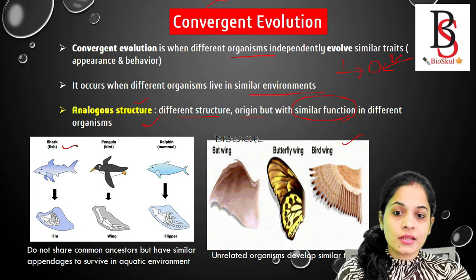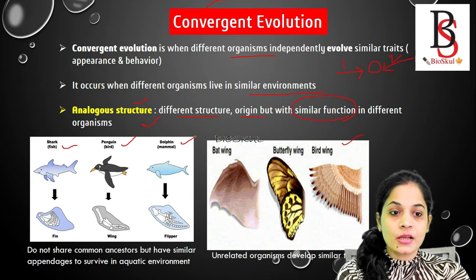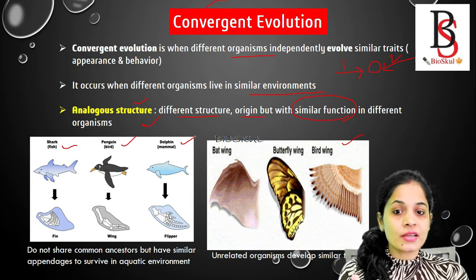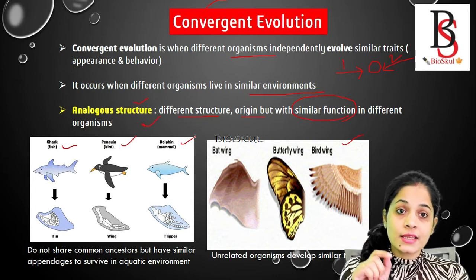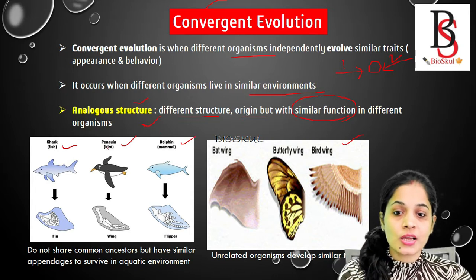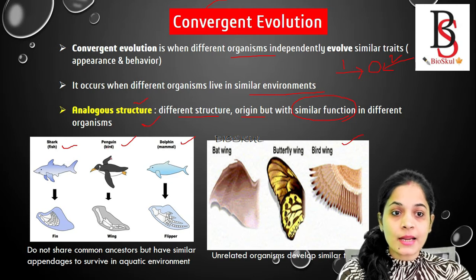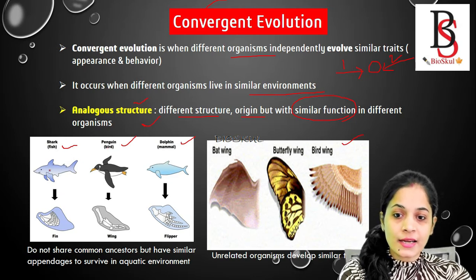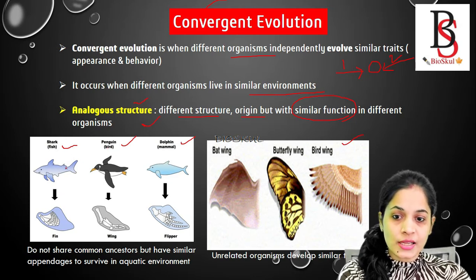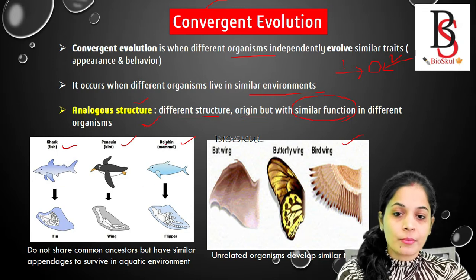Look here. This is the shark, it is a fish. Penguin, it is a bird. And dolphin, it is a mammal. So these are three different groups of organisms, and they developed a similar type of appearance, but have different structures, like the fin of a shark, wings of a penguin and flippers of a dolphin.